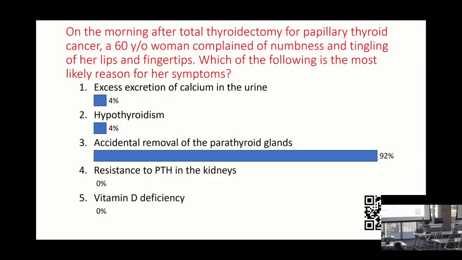We talked about this in the early class, the introduction class. Because thyroid hormone is bound to thyroid binding globulin, that prolongs the action of T4 to 7 to 8 days. Okay, so even if you have complete loss of your thyroid gland, it's not going to cause an immediate profound effect. And resistance to PTH is not the answer, and neither is vitamin D deficiency.